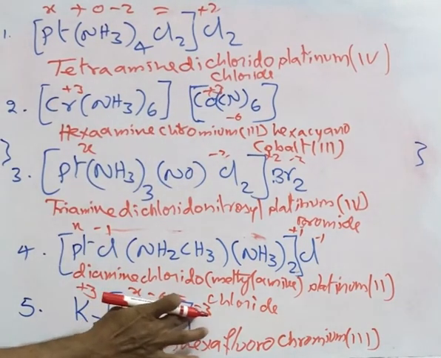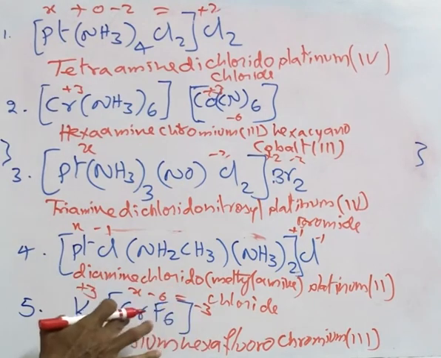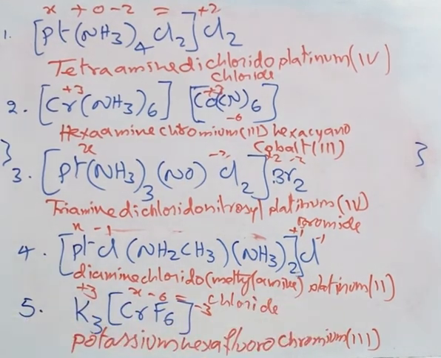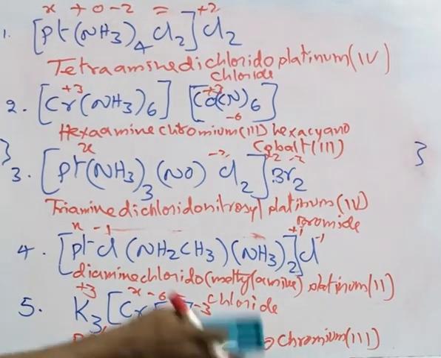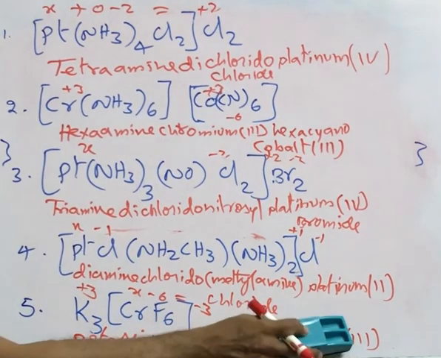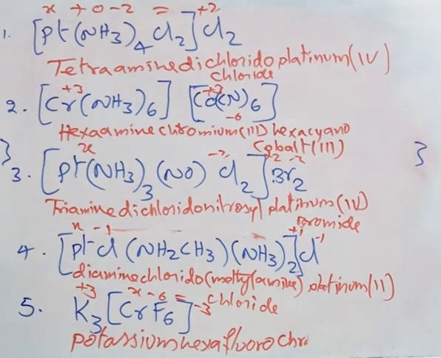But here, as I told, this is a negative coordination ion, so you need to change this to chromate. To show better understanding, first we wrote chromium, because generally we do that. But in this particular case, remember, we need to write chromate. So chromate 3, because the coordination entity is an anion.